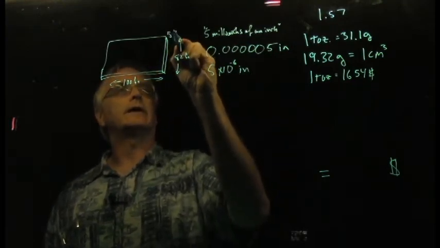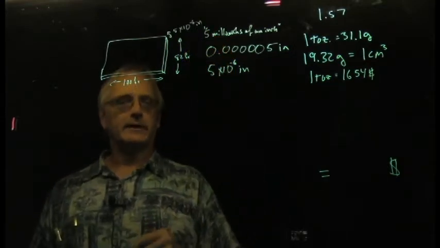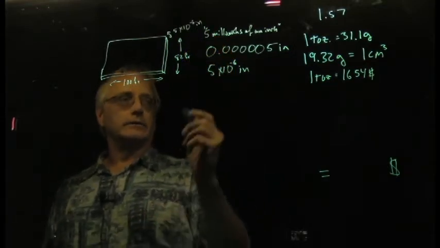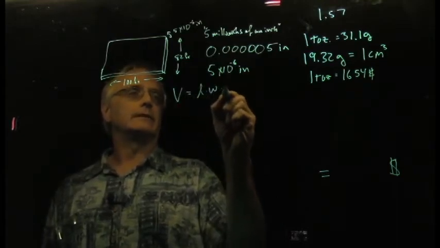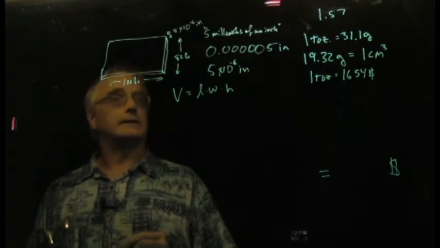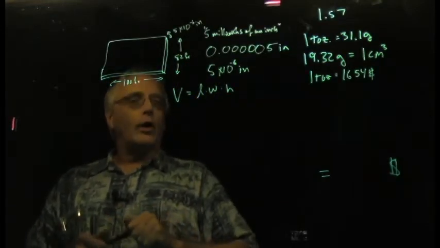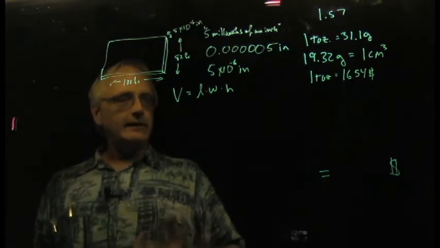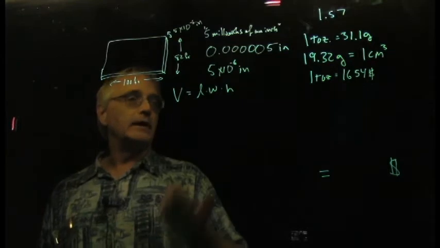There's the thickness, 5 times 10 to the negative 6 inches. There are your volume information. You realize that's a volume. Length times width times height. Now, once you see that, then suddenly this problem becomes, I think, fairly manageable.